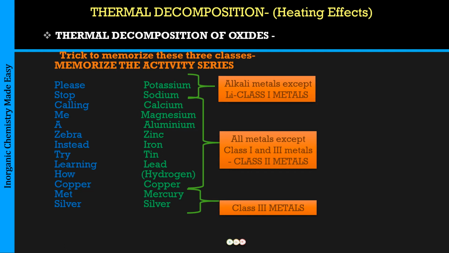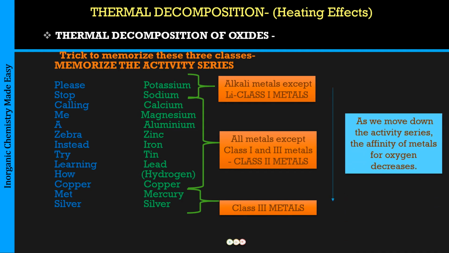Now when we are talking about the oxides over here, one very important thing that you have to remember is that down the activity series, the activity of the metals decreases. There is one more thing which is decreasing over here. As we move down this activity series, the affinity of the metals for oxygen is also going to decrease. This is one thing that you remember.